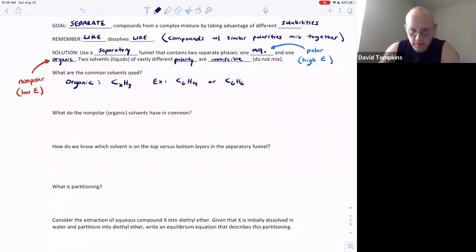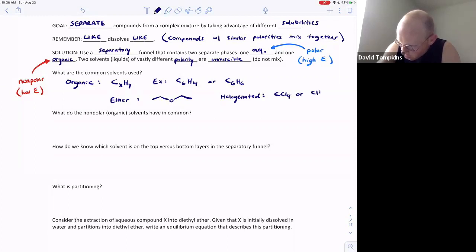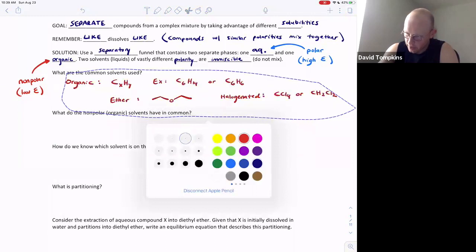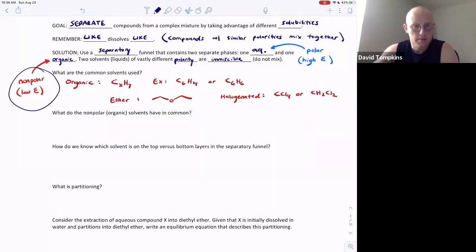Other common organic solvents include ethers, such as diethyl ether, or you can have halogenated solvents that are also fairly nonpolar and organic, including tetrachloromethane or dichloromethane. Okay, so I'll keep with the color scheme here and show you that these are the organic or mostly nonpolar solvents that have low dielectric constants.